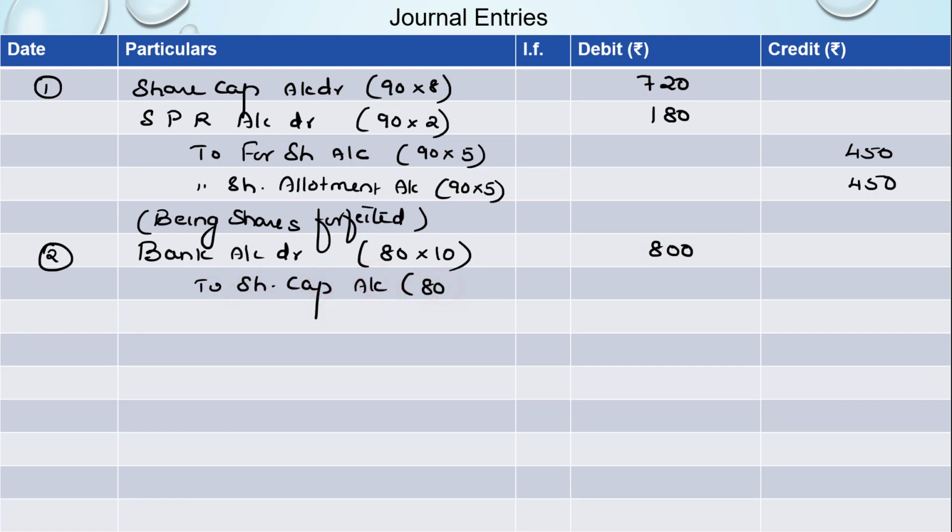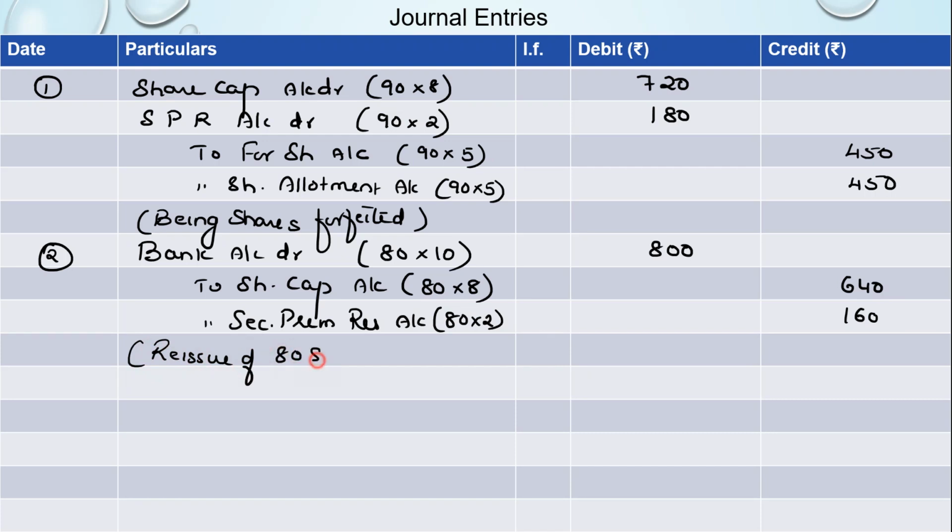They have said the shares were issued as 8 rupees called up. So 640. The extra is the premium collected. We have to credit to securities premium reserve account 160. So this is for reissue of 80 shares.